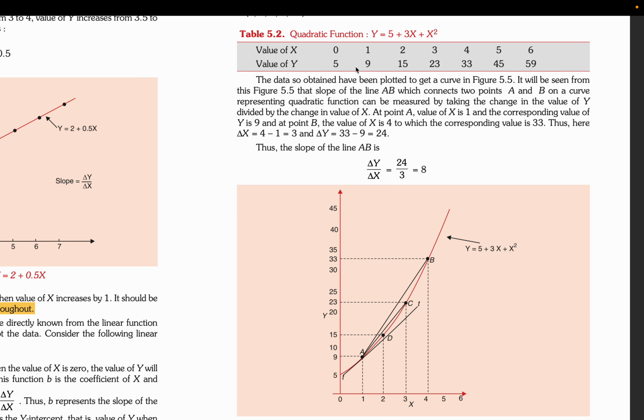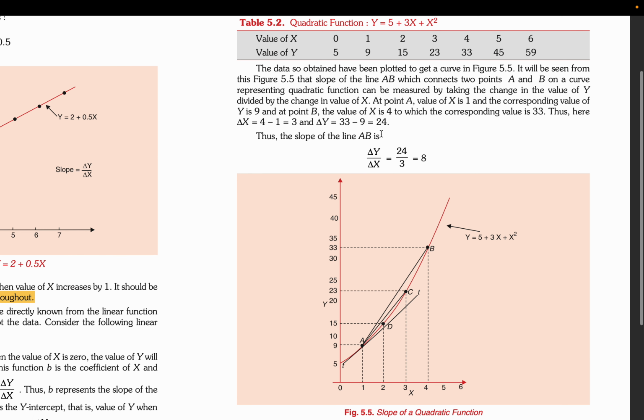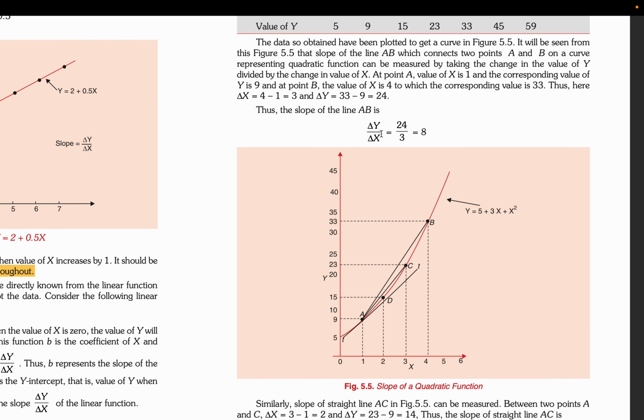The data so obtained have been plotted as the curve in figure 5.5. It will be seen from figure 5.5 that the slope of a line AB, which connects 2 points A and B on a curve representing a quadratic function, can be measured by taking the change in the value of y, dividing by the change in the value of x at a point A.